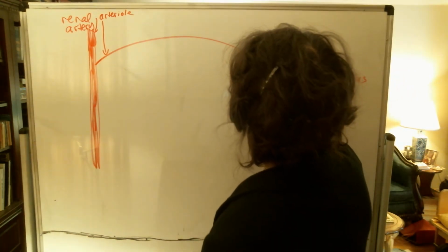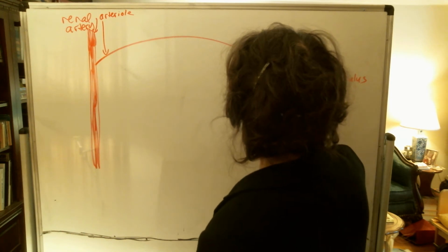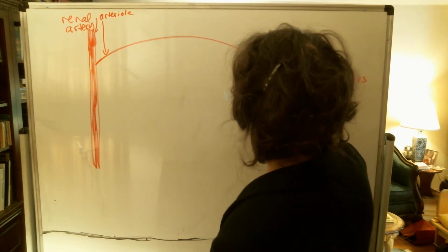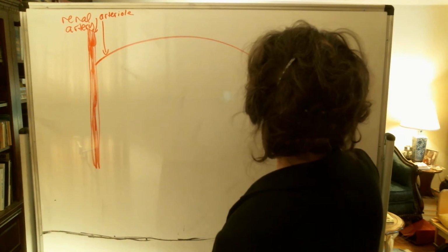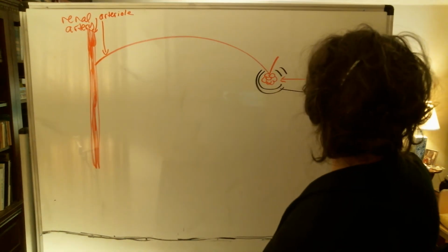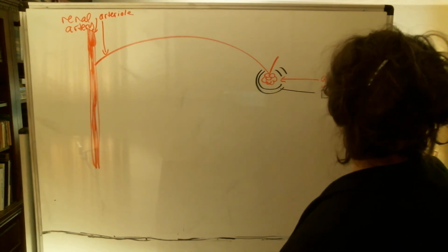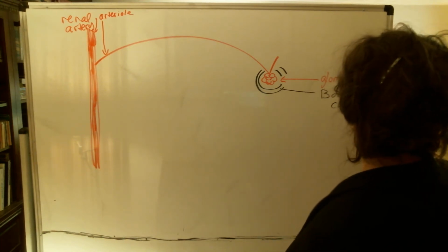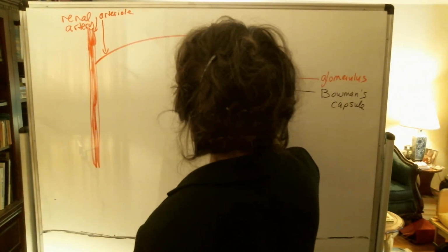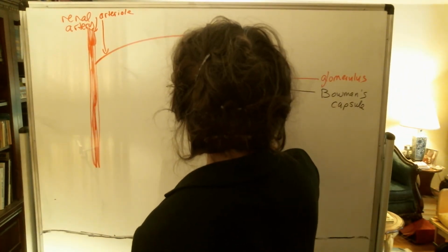Here we have Bowman's capsule, right? Here we have the renal tubule.